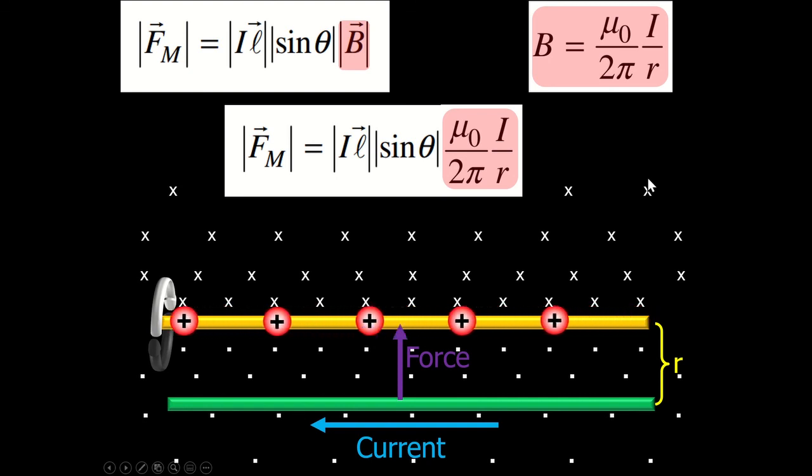We are going to do a lab on Monday that is very technical, and we're going to measure the magnetic force between two wires. The force is really, really small, much smaller than a Newton, much smaller than a tenth or a hundredth.